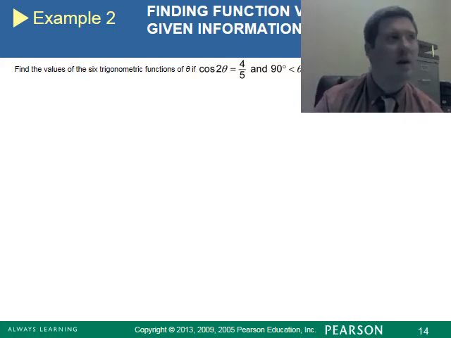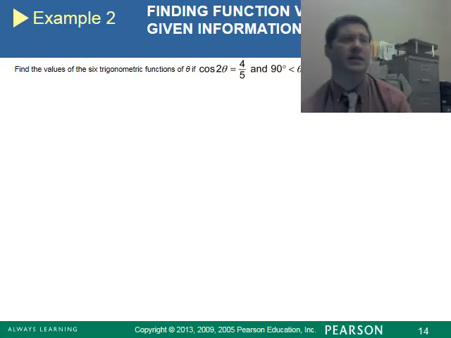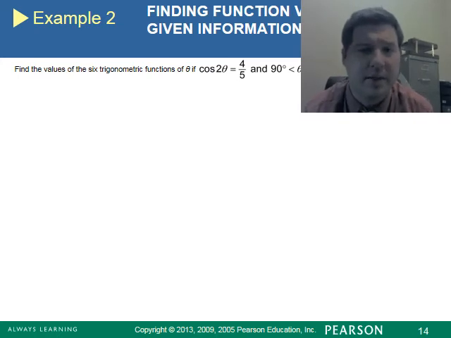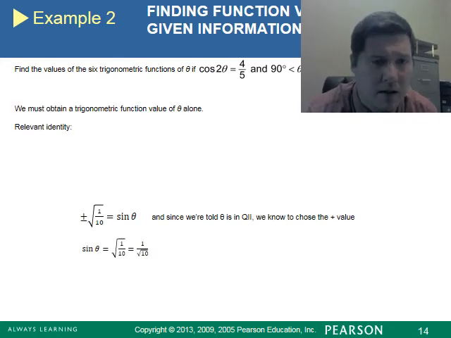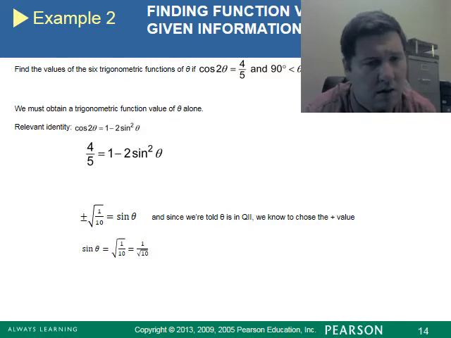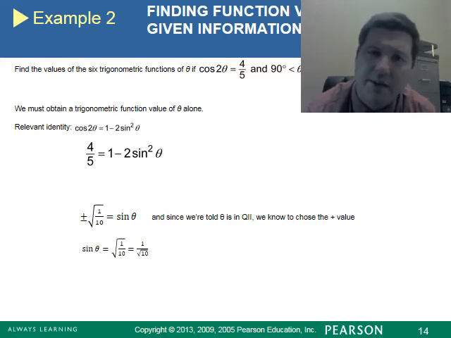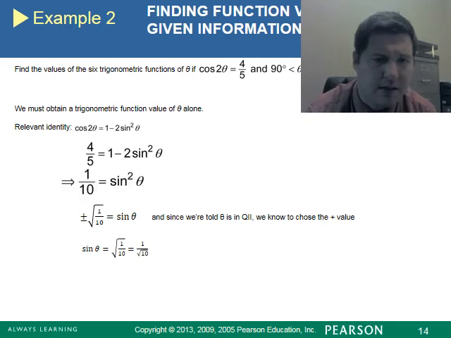Okay, so here's an example with all 6 of these worked out. We've done all these independently. Again, here I'm using the Pythagorean identity. Well, that's not the Pythagorean identity, that's my double angle identity.